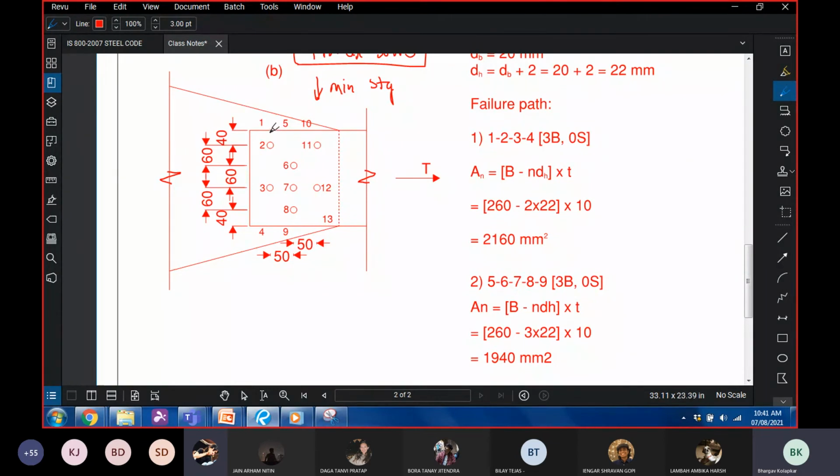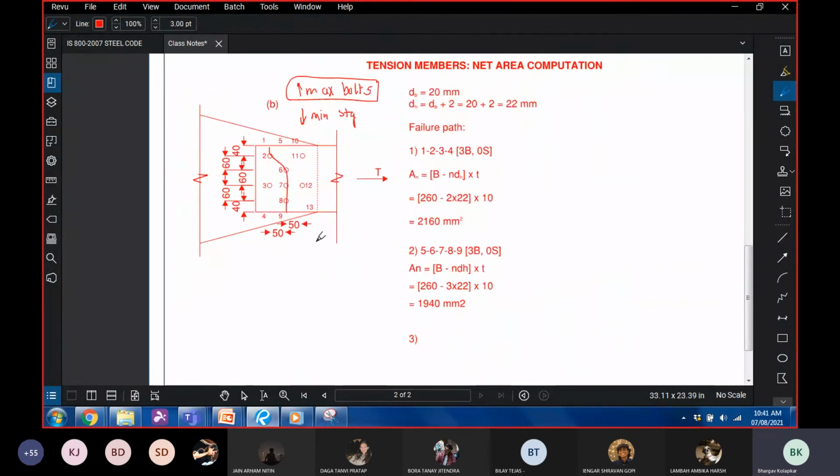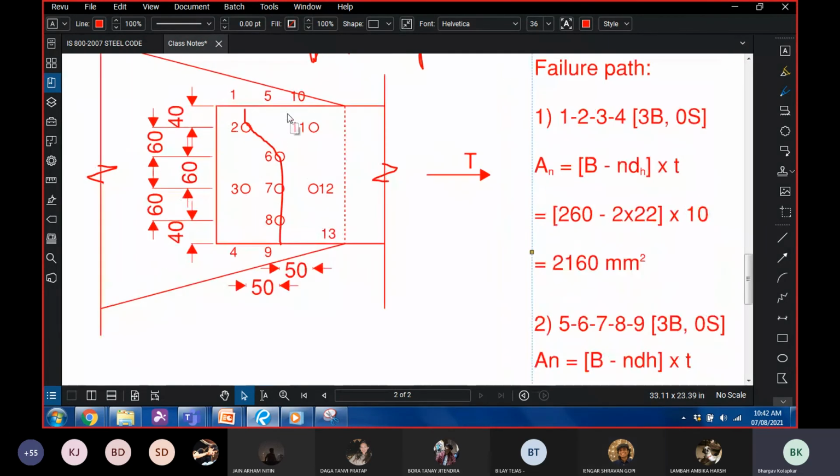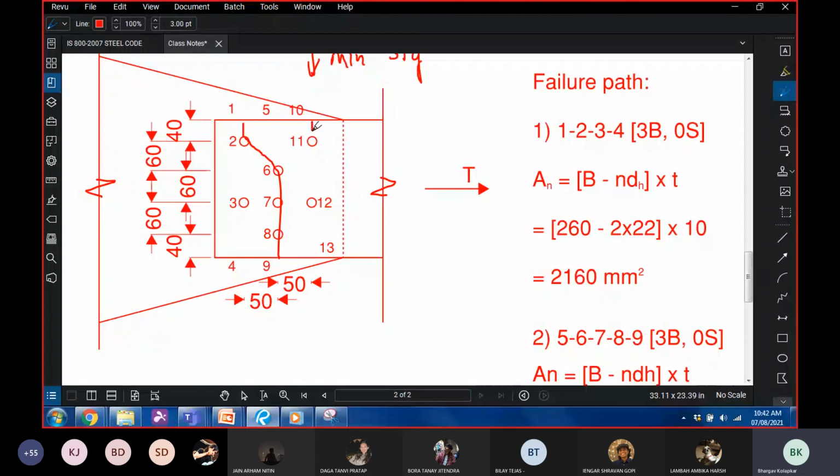1, 2, 6, 7, 8, 9. Okay. That seems like a path that could give us the minimum net area. Now we have another option, 10, 11, 6, 7, 8, 9.